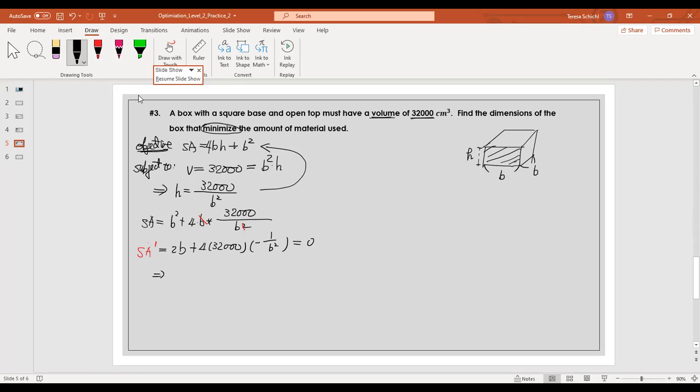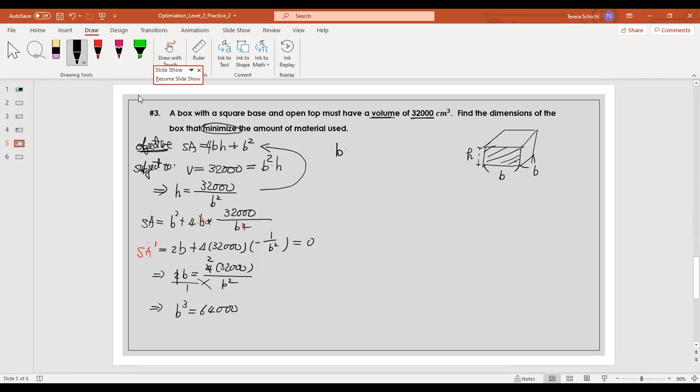Then you can say 2b is equal to 4 times 32,000 over b squared. I can cancel 2 here. Then you do a cross product. So you will get b cubed is equal to 2 times 32,000, which is 64,000.